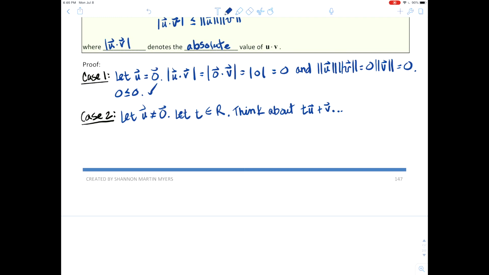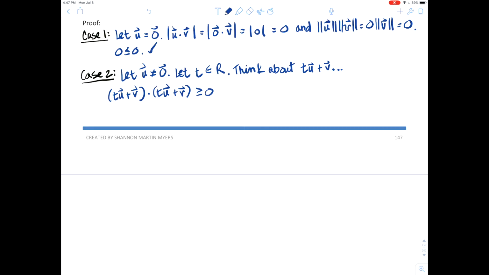Well, if I look at the dot product of t times u plus v with itself, what's got to be true? It's got to be greater than or equal to 0, right? Now let's play with this a little bit more. If I'm looking at this dot product, can't I use some properties?